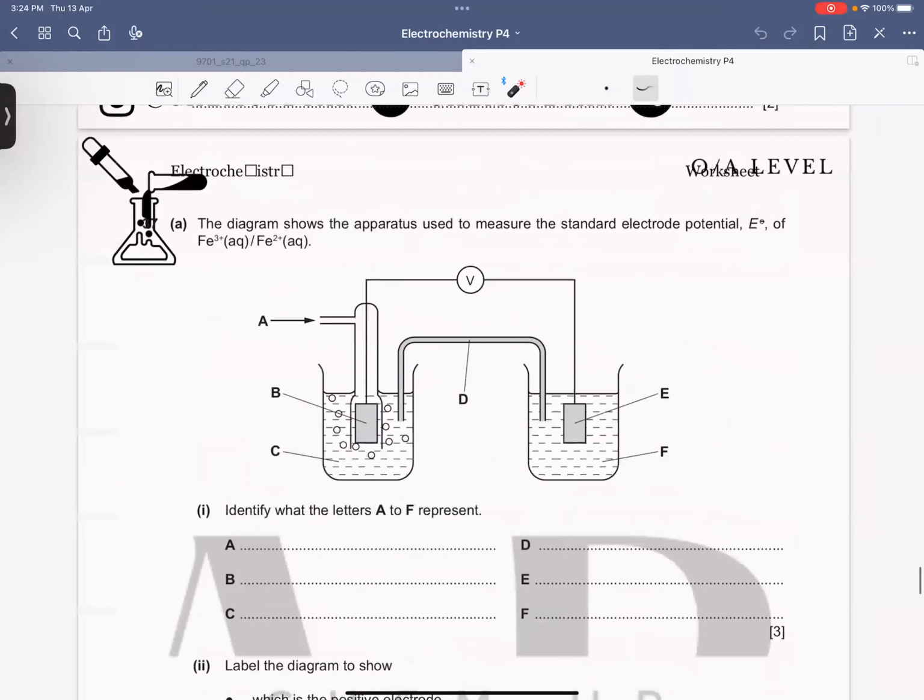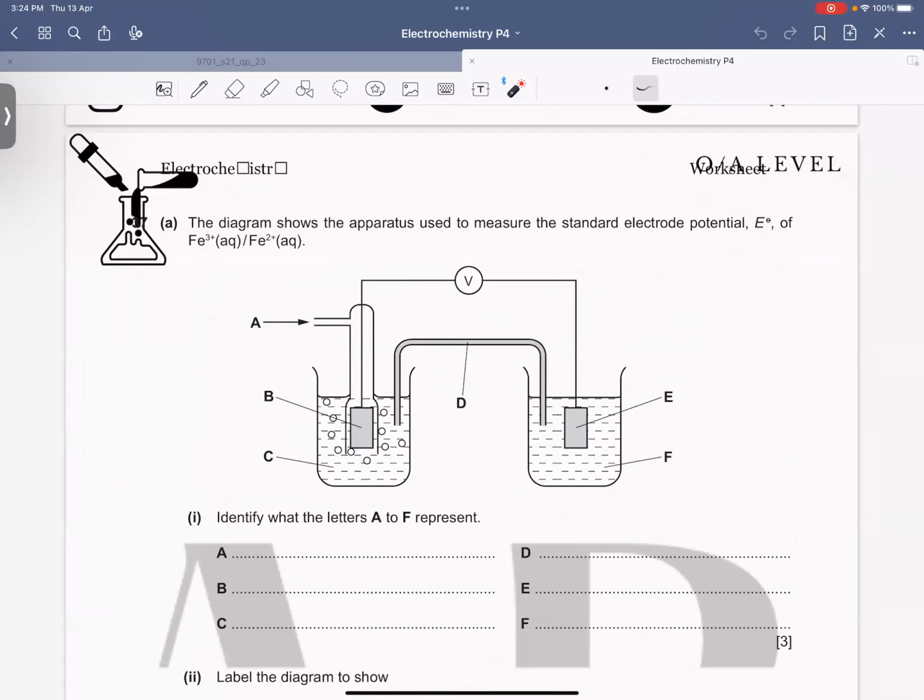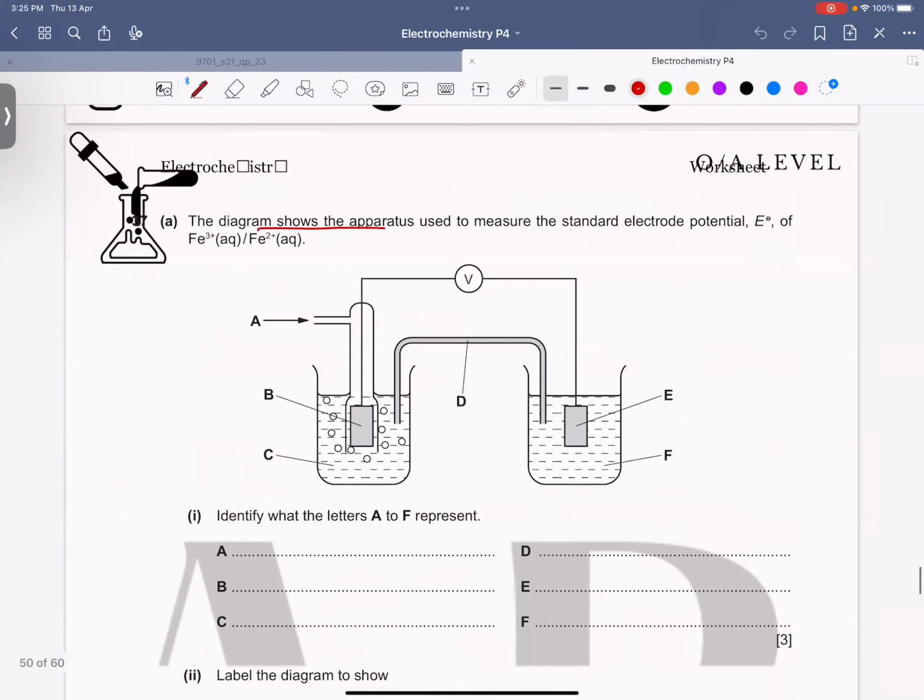So if you look at this question, the diagram shows the apparatus used to measure the standard electrode potential E naught of Fe3+ aqueous and Fe2+ aqueous.